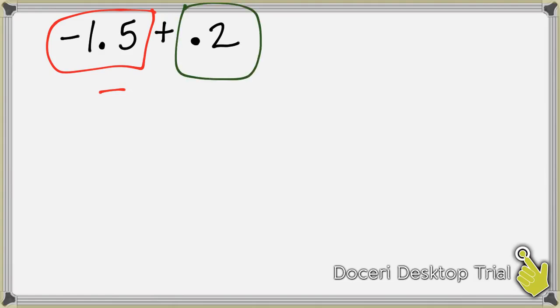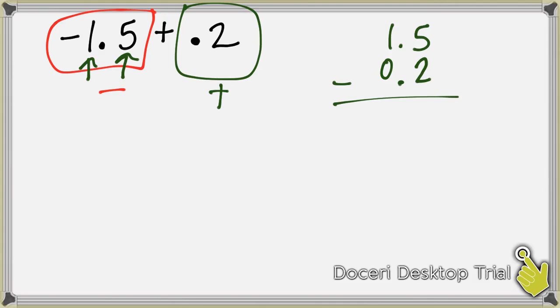So when they're different signs, I'm really subtracting them. So I'm going to do the 1.5 minus the 0.2. Now be careful. In the 1.5, the 1 is in the ones place and the 5 is in the tenths place. In this 0.2, the 2 is in the tenths place, so the 2 has to go right underneath the 5 with the decimal, and since there's no number in front of the decimal, you can put a 0 there. We're subtracting because they are different signs.